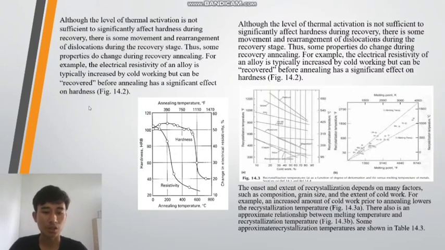The onset and extent of recrystallization depends on many factors such as composition, grain size, and the extent of cold work. For example, an increased amount of cold work prior to annealing lowers the recrystallization temperature, figure 14.3a.